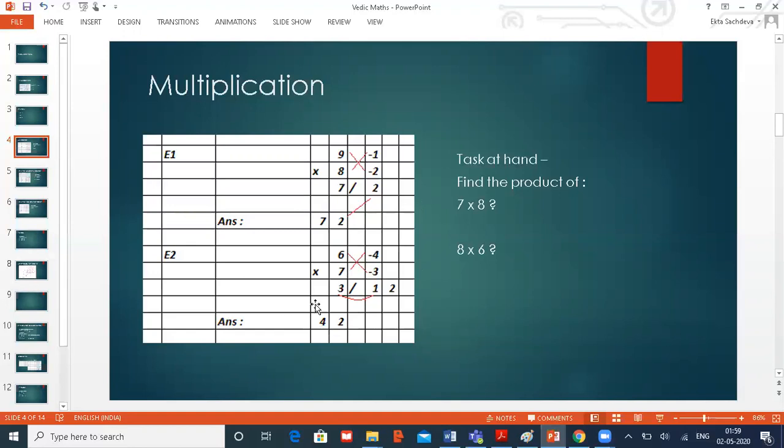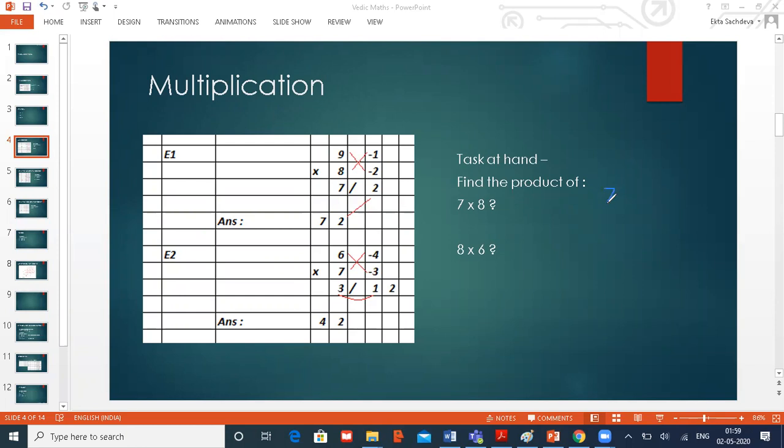So first we are going to practice with one-digit numbers so that the concept gets clearly settled in the mind. Now, if I ask you to multiply 7 into 8 by the same method, I want you to take time and solve it, and don't look at my screen. So how will you write it? You will write the same way.